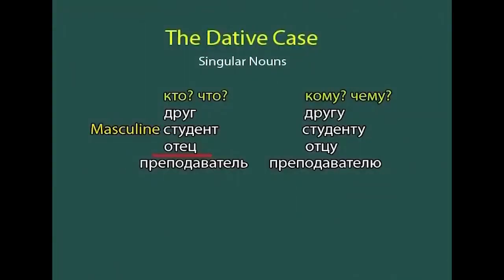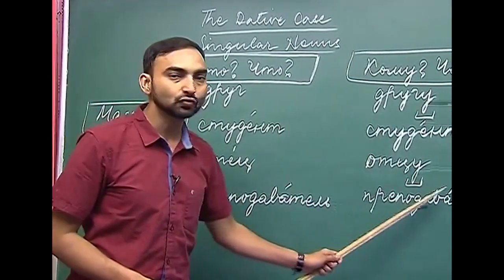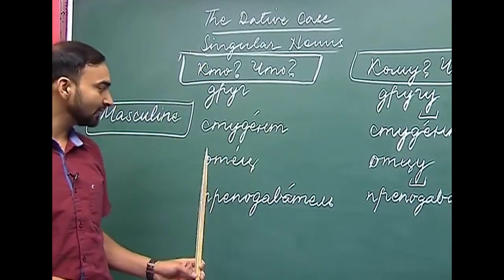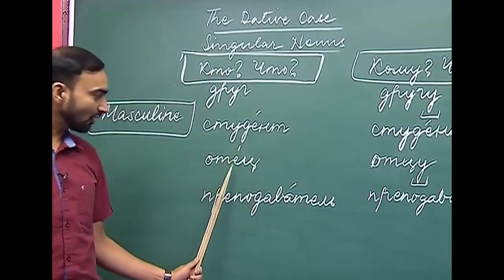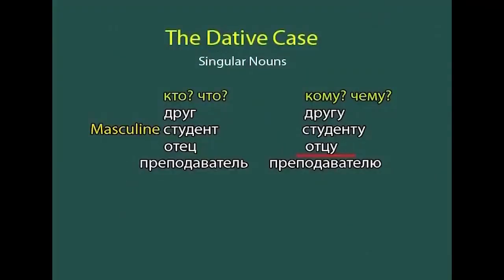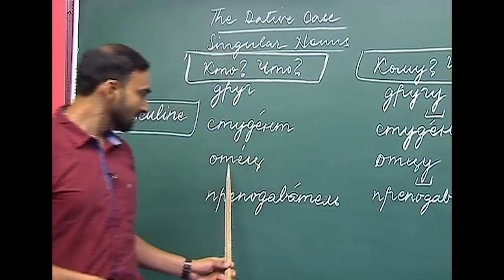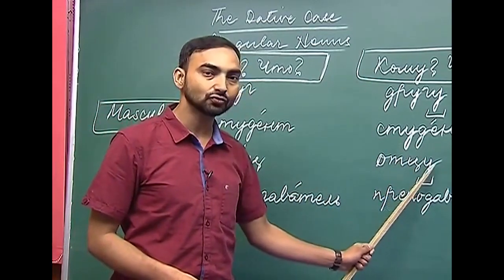Achets is father. Atsu. As we have seen in previous lessons, whenever we change its form, we drop the vowel ye. So it becomes atsu. We drop the vowel and add u.